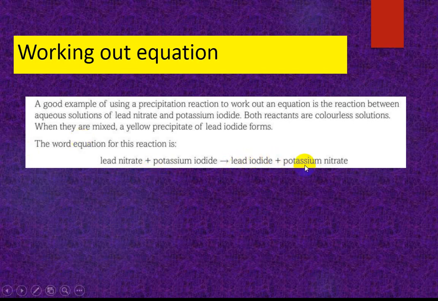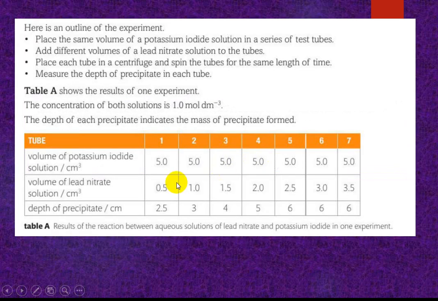The substances which participate in the reaction are reactants, and those which are produced are products. These reactants are colorless, and when the two solutions are mixed, a yellow precipitate of lead iodide forms. This is a solid precipitate.